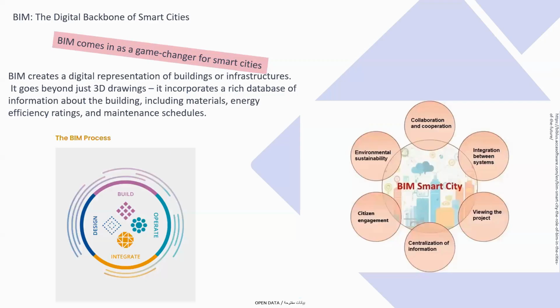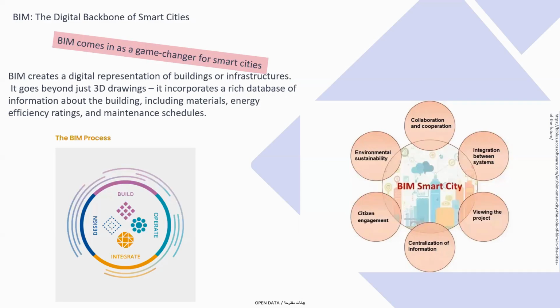We'll come to the second topic here, where we'll talk about BIM. BIM is actually very important because it's not only information about buildings and internal information about buildings. BIM can also be for road structures, for bridge structures, for all structures of the city.